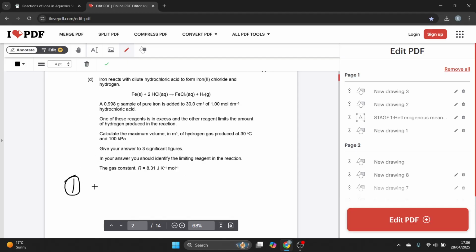So first things first, just use the information I'm given. Moles of iron, moles of Fe, because I need to identify the limiting reagent, is 0.998 over the Mr of iron. I'll get my periodic table out from my school bag.